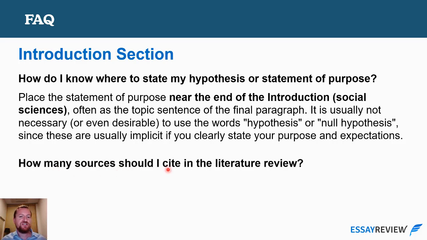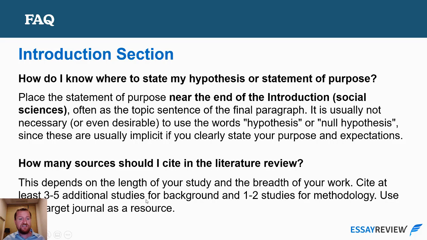Okay, how many sources should I cite in the literature review? Good question. And as usual, I can say it depends on the journal, depends on the domain and the area of study, and it depends how long your paper can be. So if you have a word count maximum, you want to make sure that you're not citing too many sources. But generally, cite at least 3 to 5 additional studies for background and 1 to 2 studies for methodology.